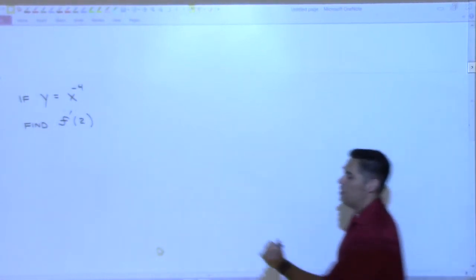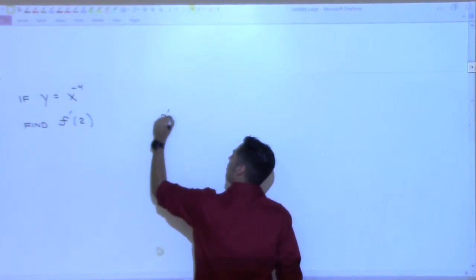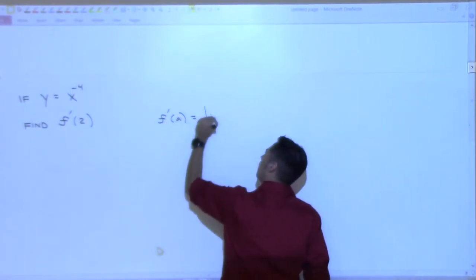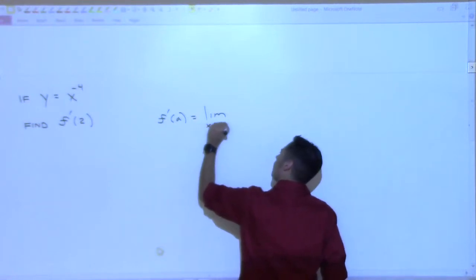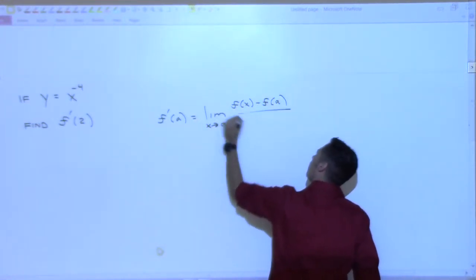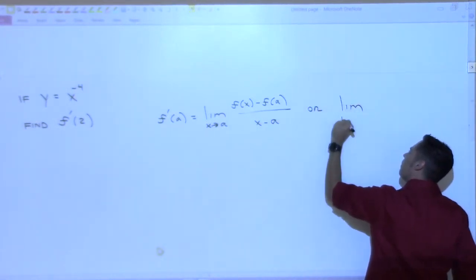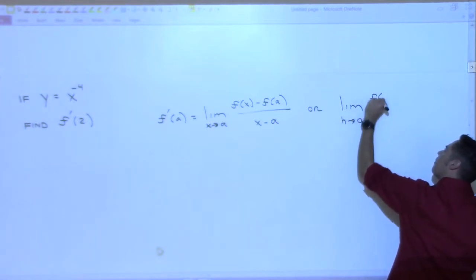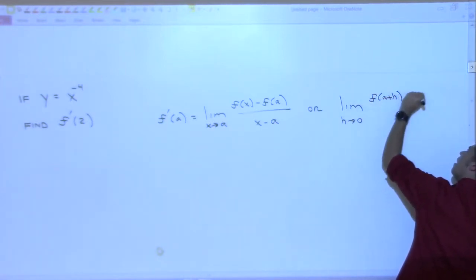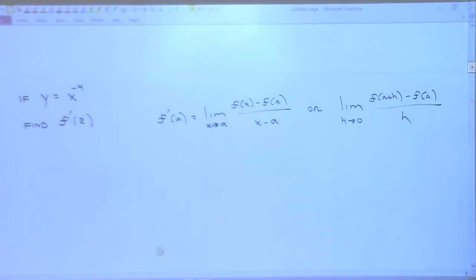All we have to compute here is that limit. So we're using either this formula or we're going to use this formula. One or the other. Yes?